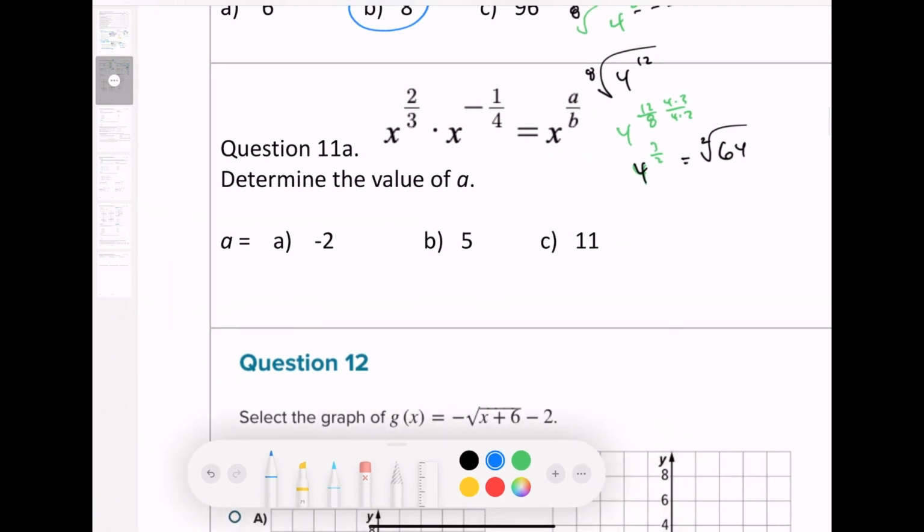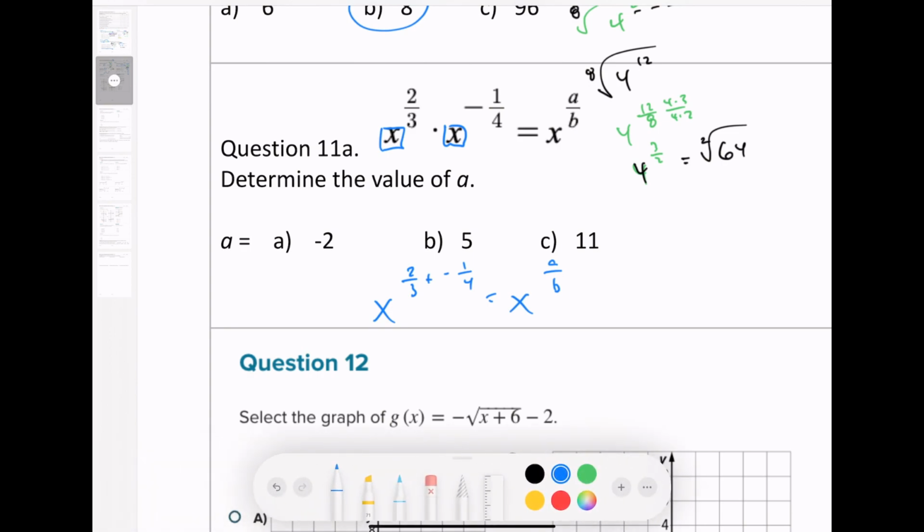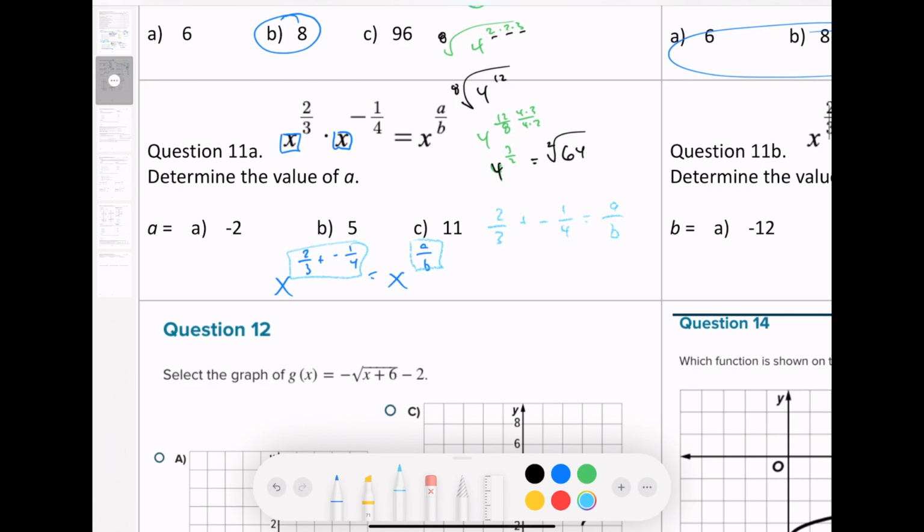Number 11. When you have the same base here, you're going to add the exponents. Which means that these are now equal. 2/3 plus negative 1/4 equals A over B. Common denominator of 12.